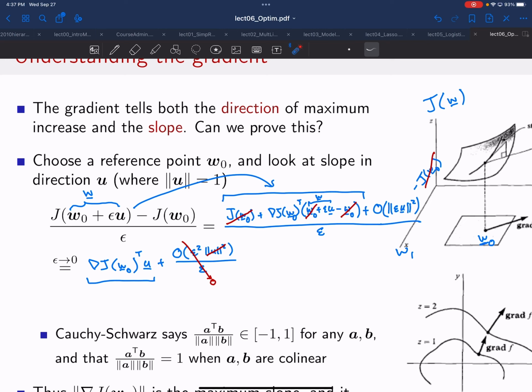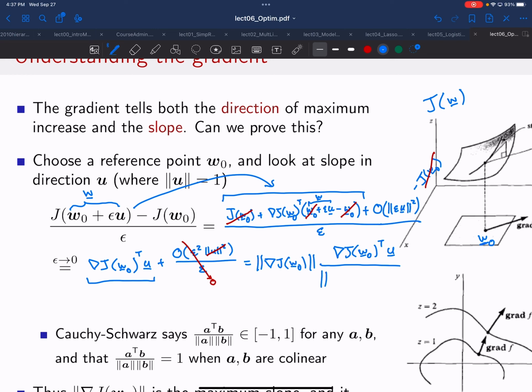Okay, so now let's focus again on that first term. I'll write it in a way that will look a little bit more complicated, but then we'll see why it's useful. So we're going to look at the norm of the gradient, and then I'm going to have the original expression in the numerator.